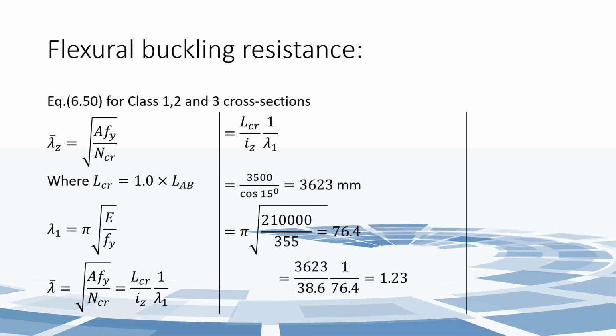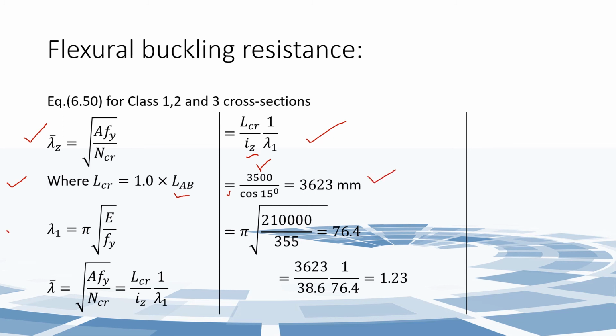Then check for flexural buckling resistance. Equation 6.5 for class 1, 2 and 3: λ̄ equals the square root of A times Fy divided by N_cr, which equals L_cr divided by i_z times 1 over λ1. We know that L_cr is 1 times the length of AB. So L_cr is 3500, divided by i_z equals 15, so it's equal to 3623 mm.